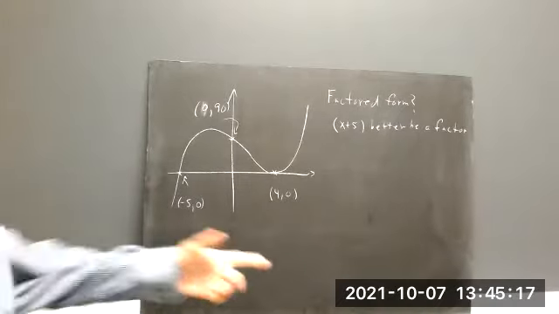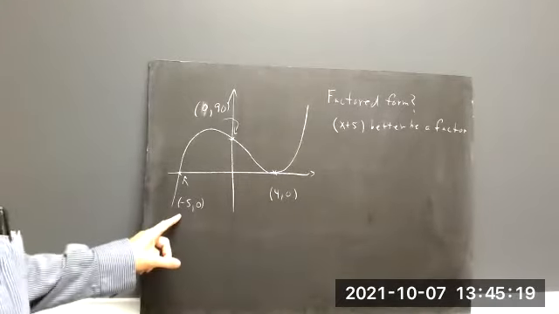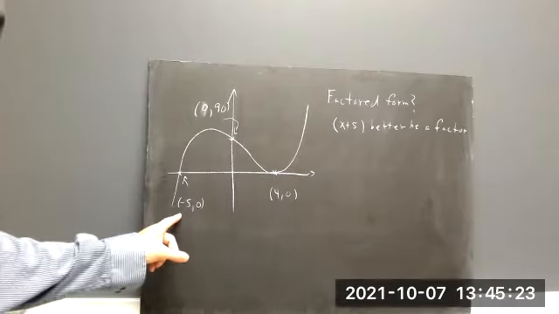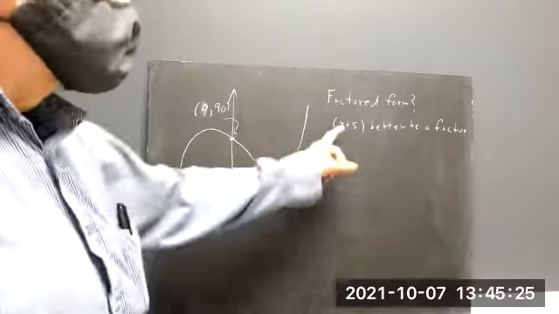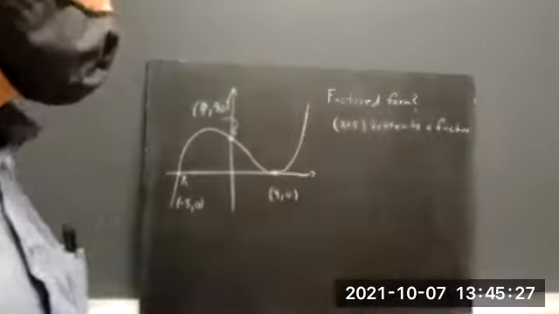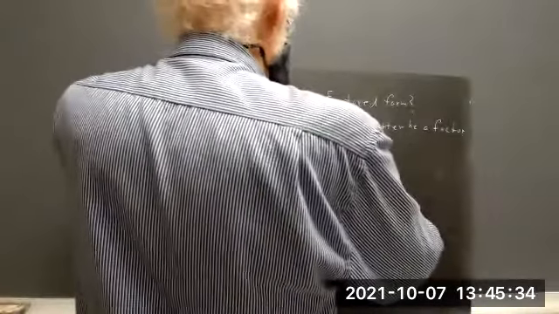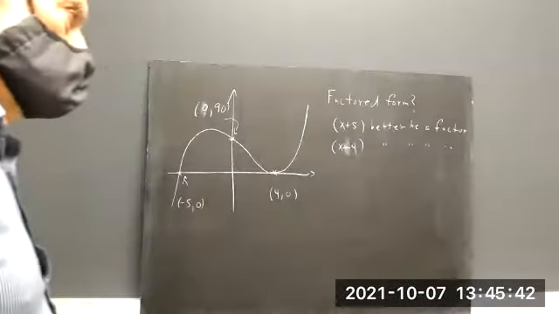Because if x plus 5 isn't a factor, then you're not going to have a 0 at -5, 0. If x is -5, this is 0. That'll make the polynomial 0 if this is a factor. x minus 4 had better be a factor.